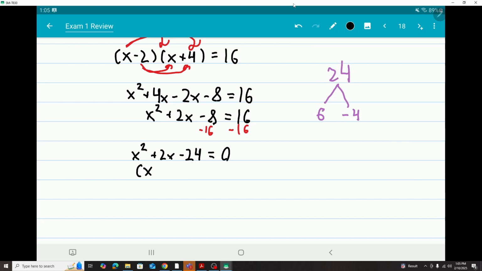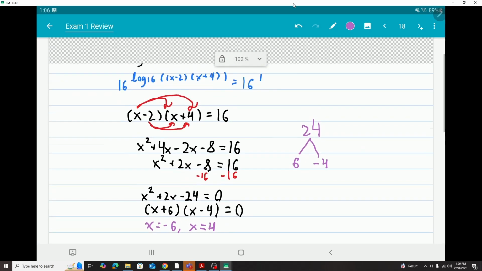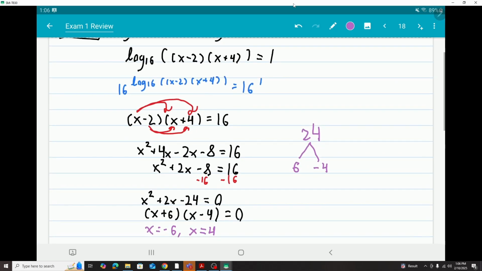This is x plus 6 times x minus 4 equals 0. And so my first looks at an answer are x equals minus 6, x equals 4, but we have to go back and check now.